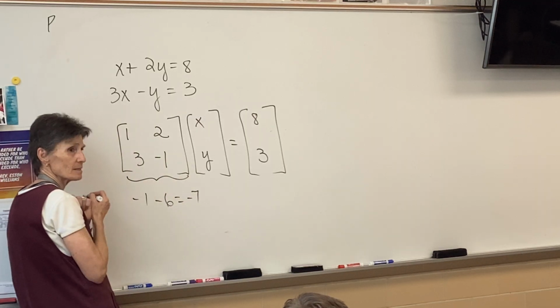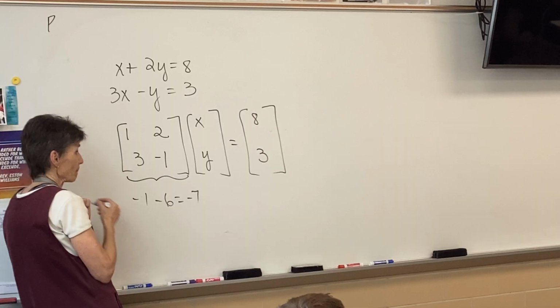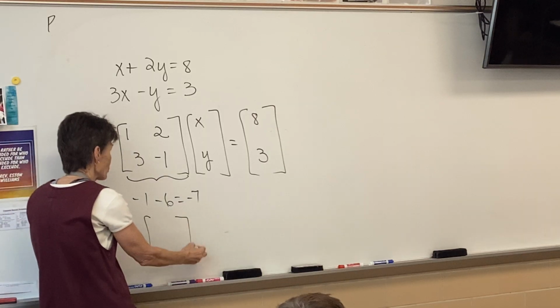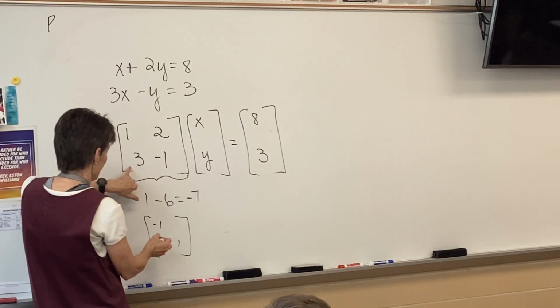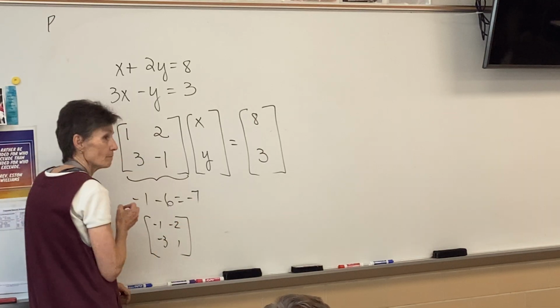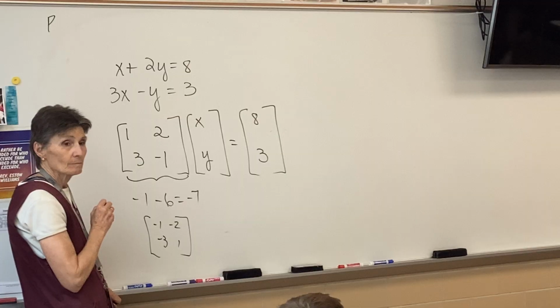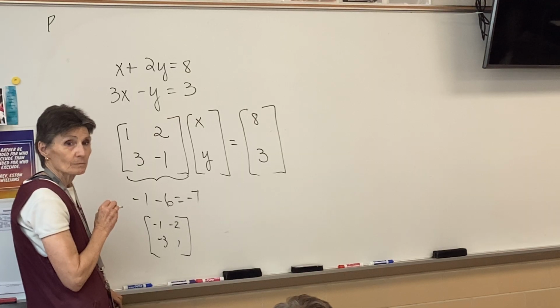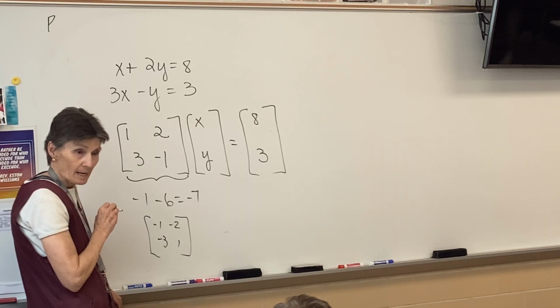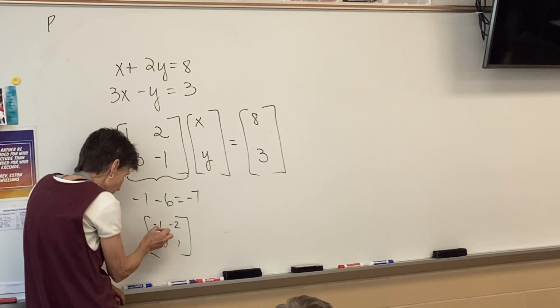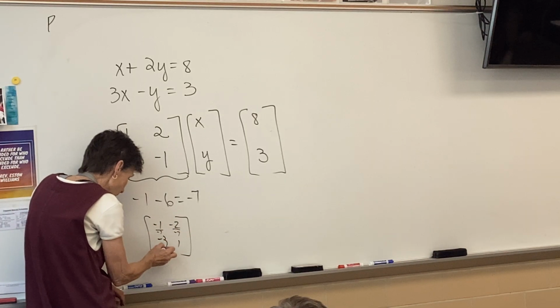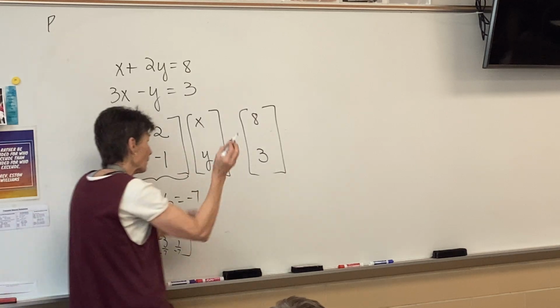Then we find our adjoint, which would be -1, 1, -3, -2. And then we divide all of those by -7. So now I have my inverse.